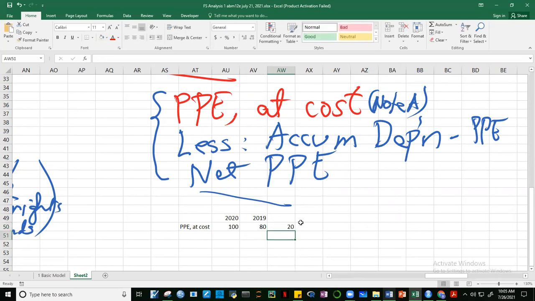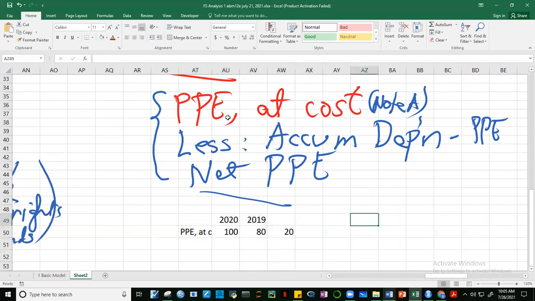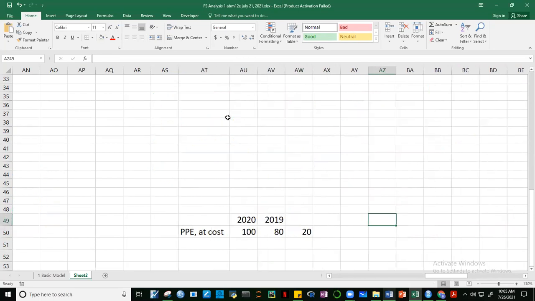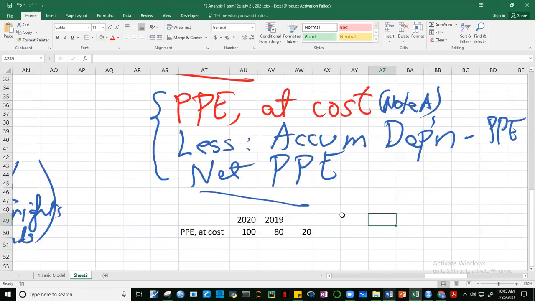Okay? So itong 20 na to, increase in PPE, saan siya papasok? Operating, investing, financing? Sa cash flow natin, saan papasok?